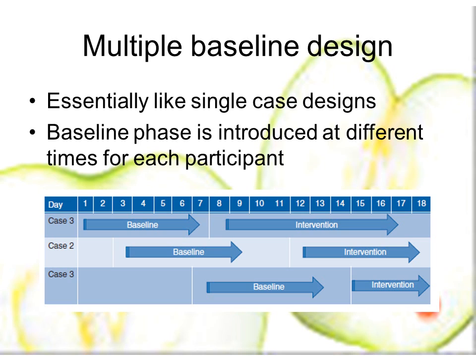For case 2, the baseline is initiated on day 3. Then we move over the next week, and case 3 is initiated on day 7. So you can see it's basically where the baseline is introduced at different times.